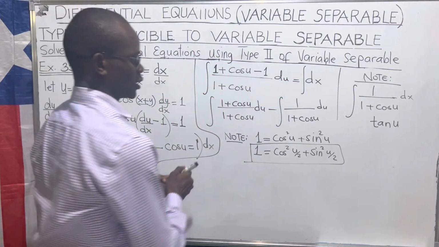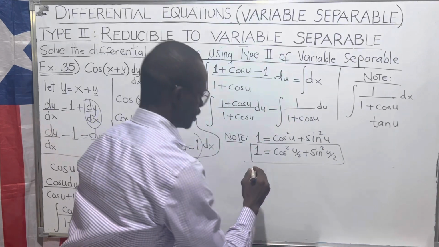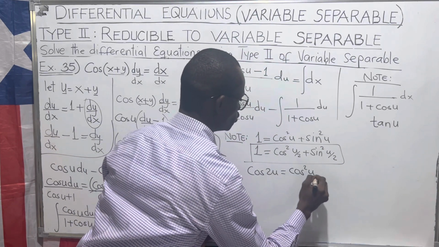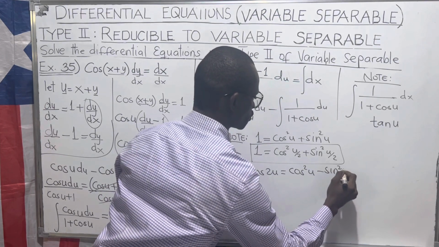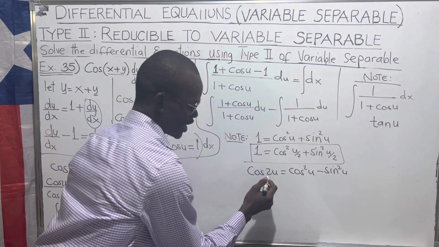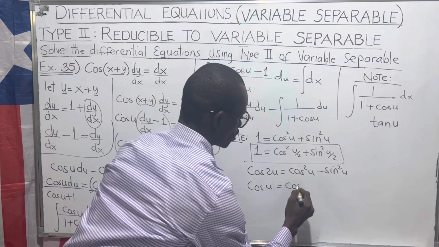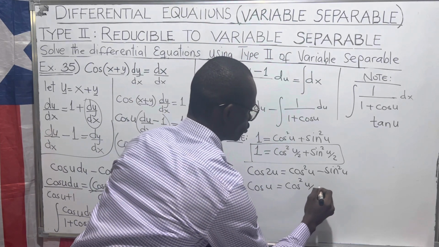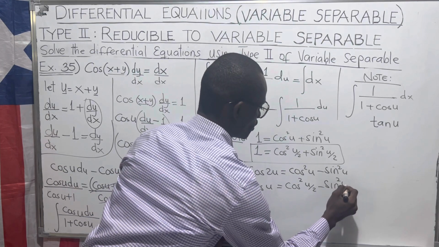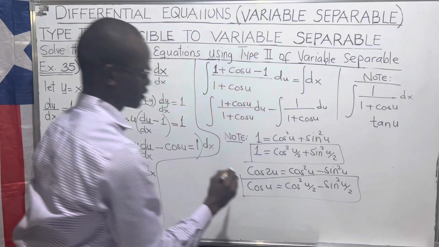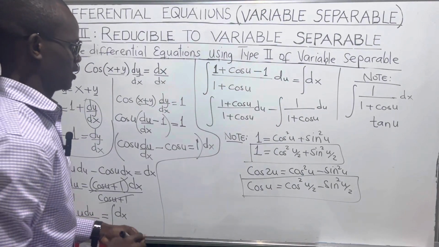The next one, cos of u. I know that cos of 2u equals cos square u minus sin square u. So if I divide each angle by 2, cos of u equals cos square u over 2 minus sin square u over 2. So I can use these two identities to replace that.